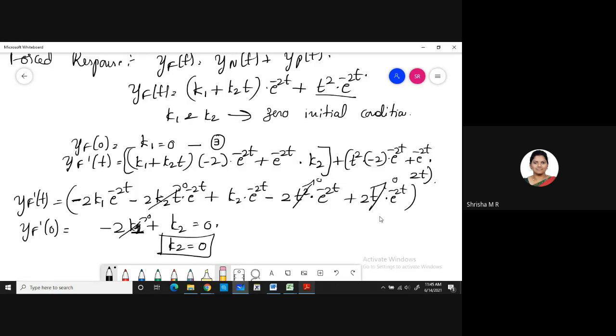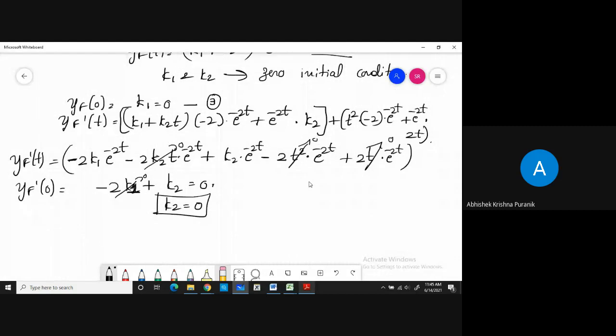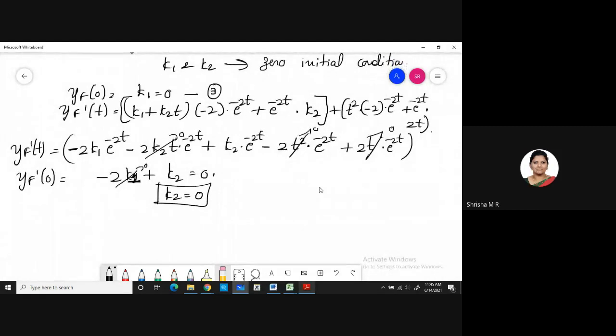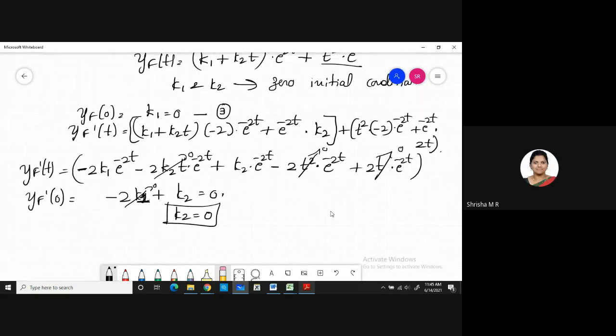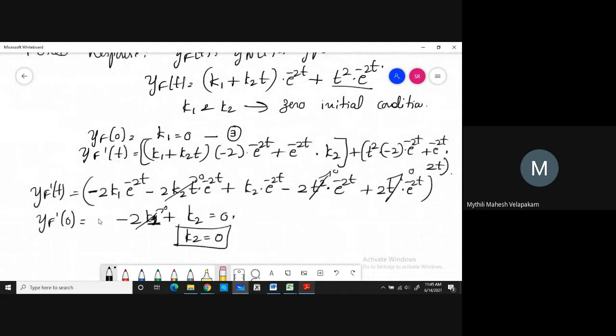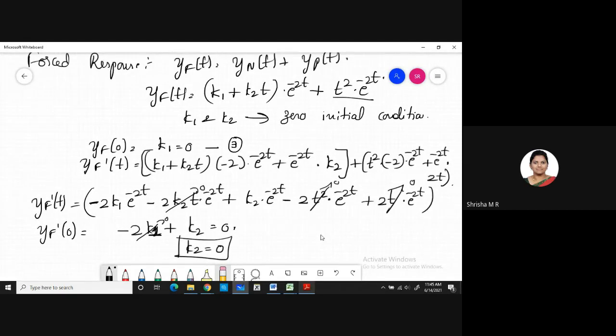Clear, everyone? Yes, ma'am. Ma'am, now, shouldn't y dash of 0 be 1? No, while we are finding the forced response, you have to assume zero initial conditions, right? So everything you should take as 0, not the one which is mentioned in the question.